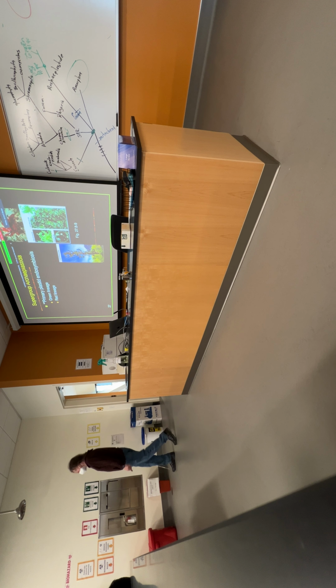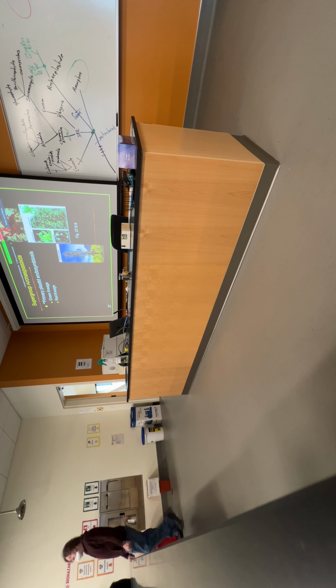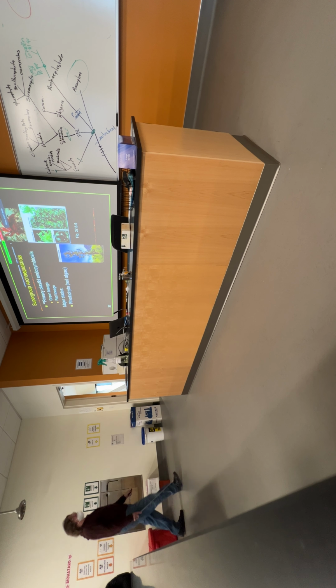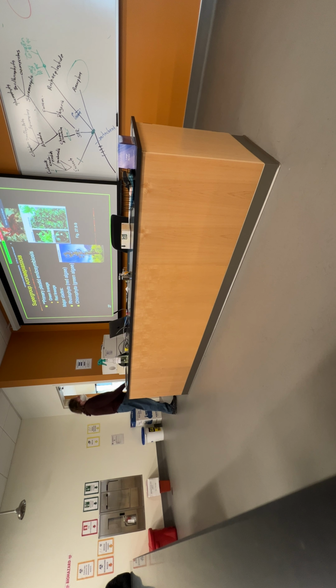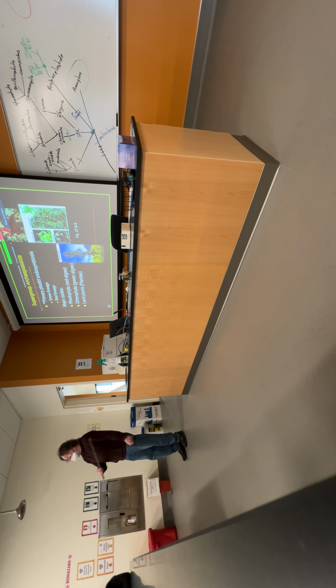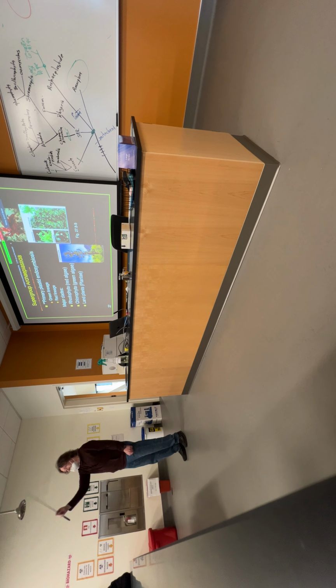Green lineage with chlorophyll A and B, red lineage with chlorophyll A and C. Okay? And the major clades that we will look at are Rhodophyta, red algae, Chlorophyta, green algae, and land plants. Those are going to be the major ones. They're going to be the subject of the next two lectures, right?